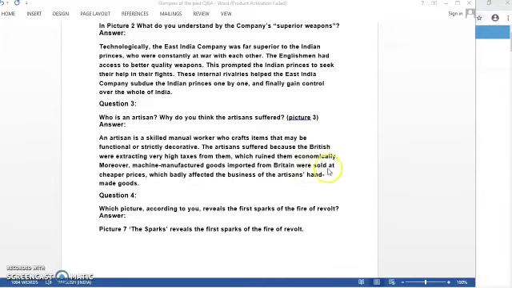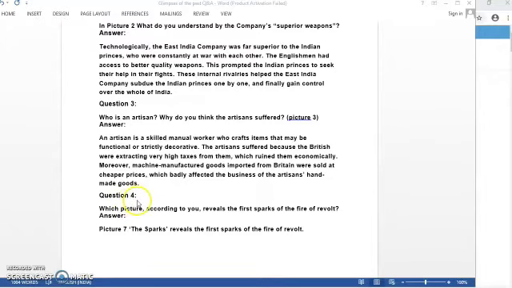These goods were sold at cheaper prices, which badly affected the business of the artisans' handmade goods. Nobody bought their goods, and they became poorer and poorer.